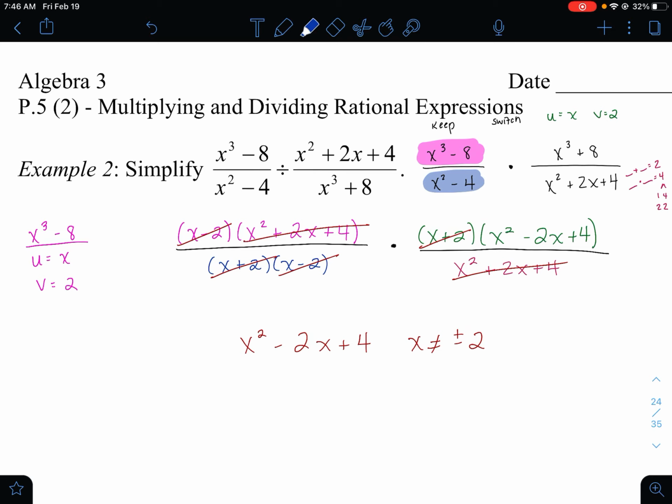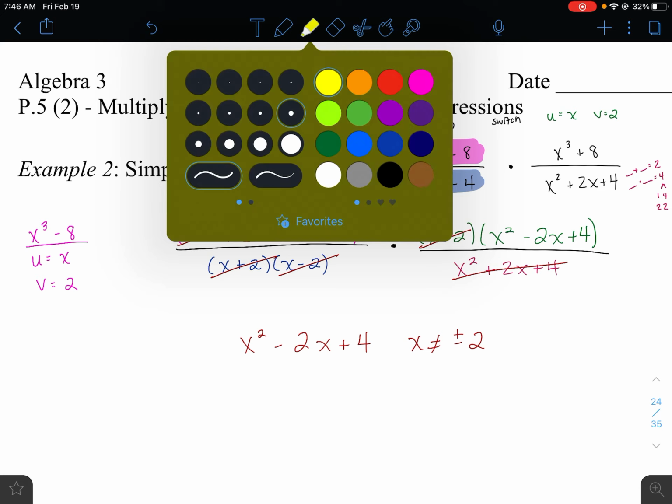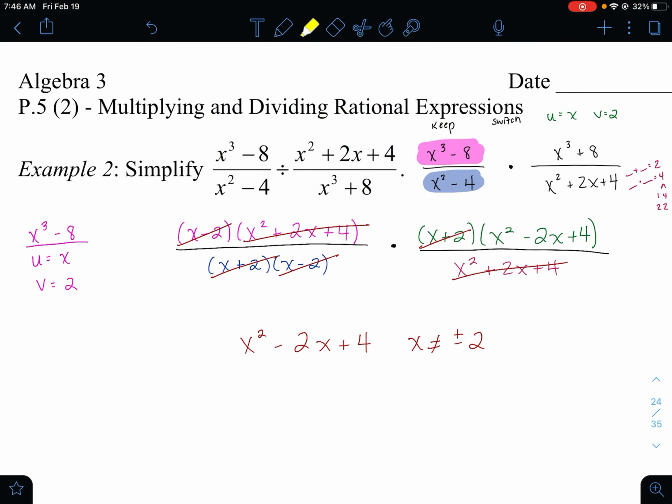I'm going to let that go for now. In the future, once we get into this a little bit, maybe on one of the other lessons, once we refresh our memory on quadratic formula, because we are going to do that, we would use quadratic formula to find out what values of x would also make that denominator 0. Okay, for now we'll go with this.